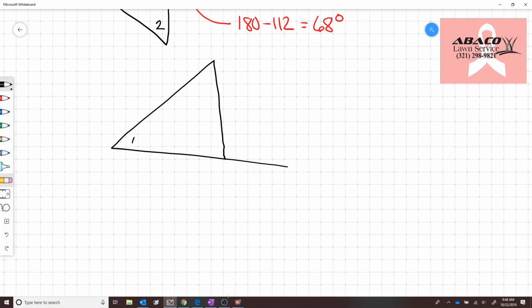If this angle inside here is 2x plus 27, and the other remote interior angle is 2x minus 11, and this exterior angle is 100. Don't these represent the remote interior angles for this exterior angle? So this expression plus this expression would equal the 100 degrees, wouldn't it?